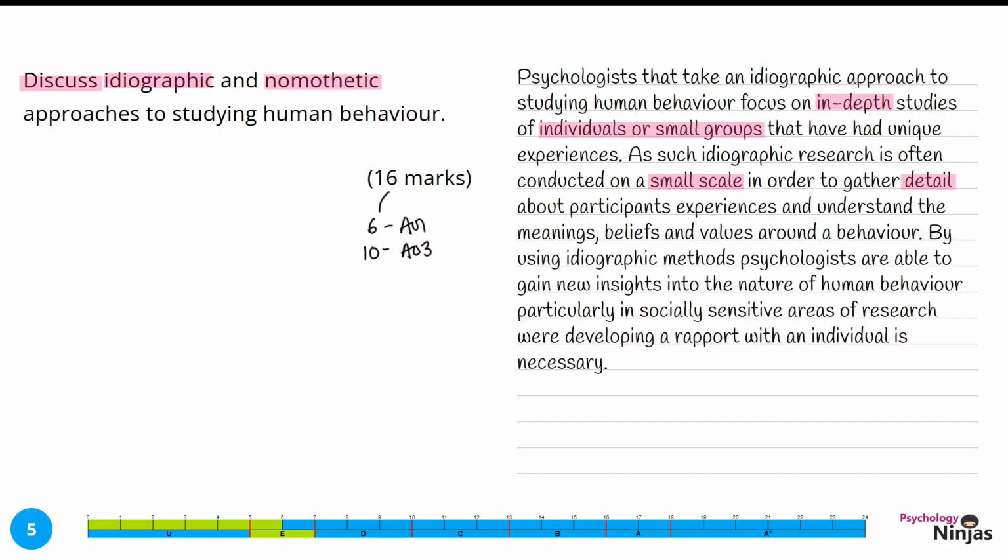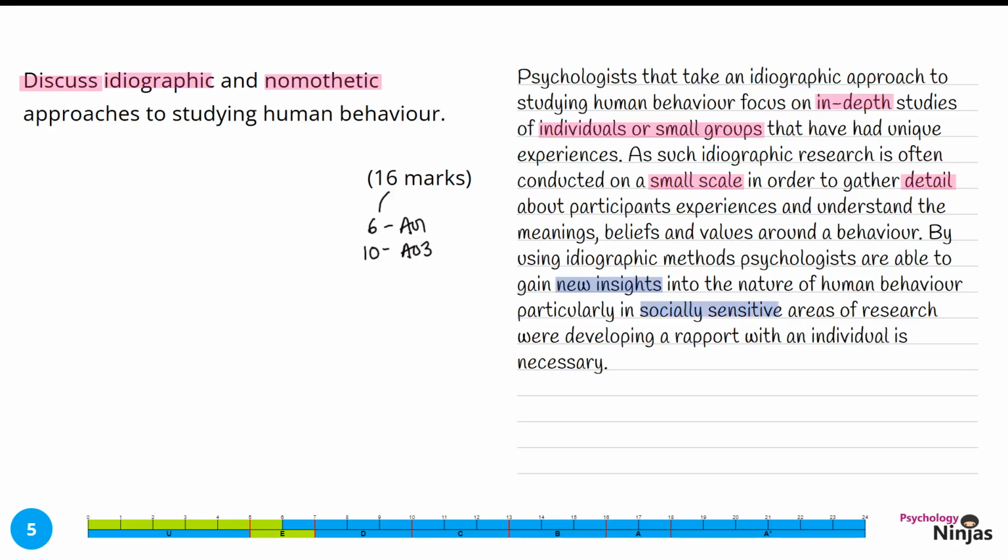By using idiographic methods, psychologists are able to gain new insights into the nature of human behaviour, particularly in socially sensitive areas of research, where developing a rapport with an individual is necessary. We've linked this into the unique experiences of people using this approach so that we get new insights.